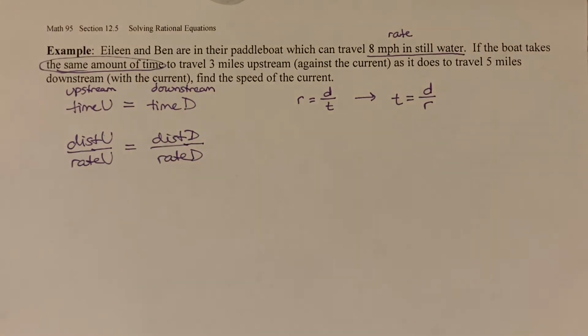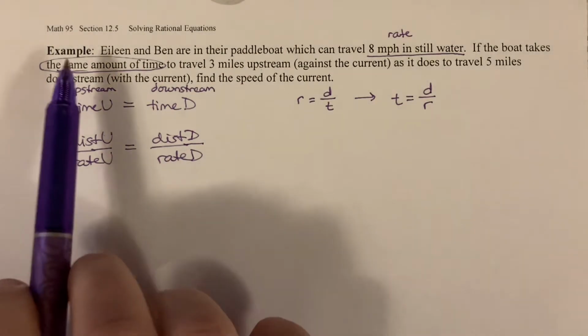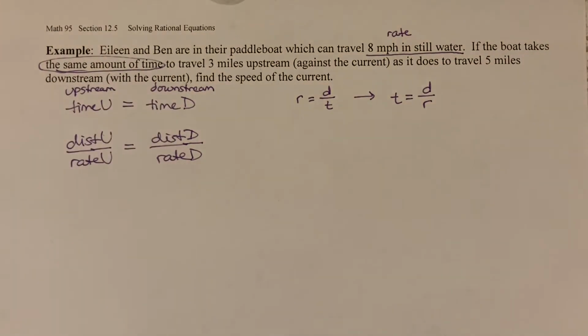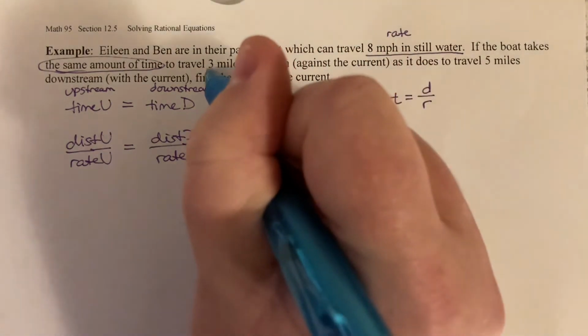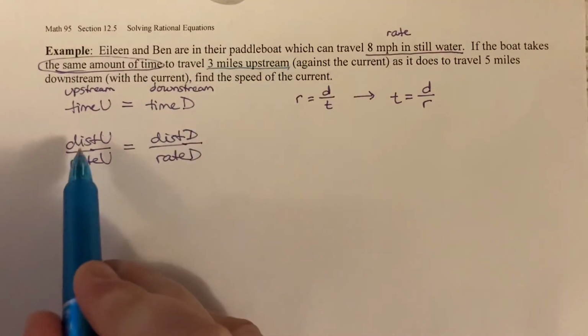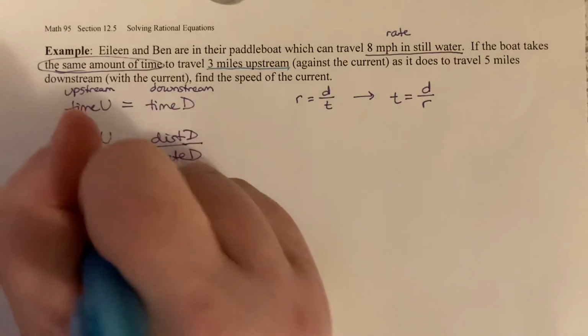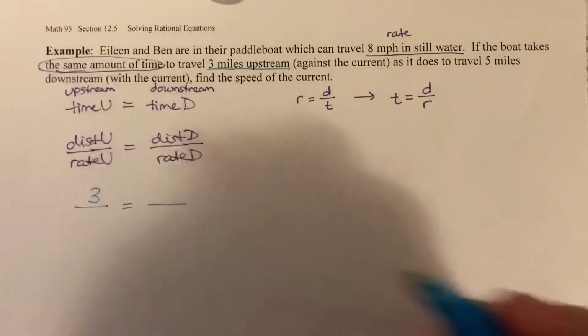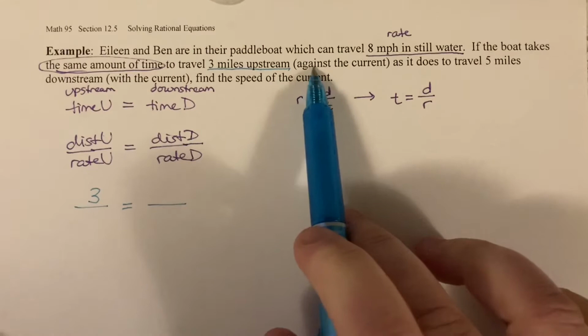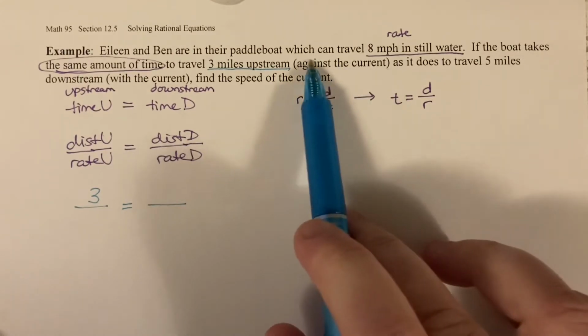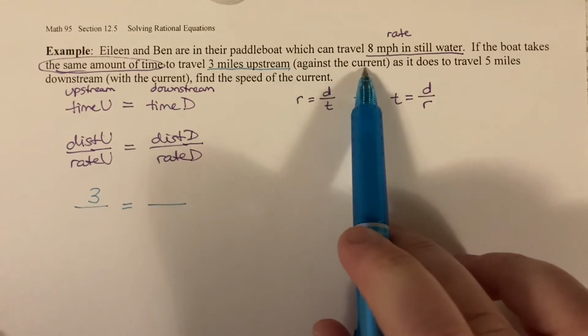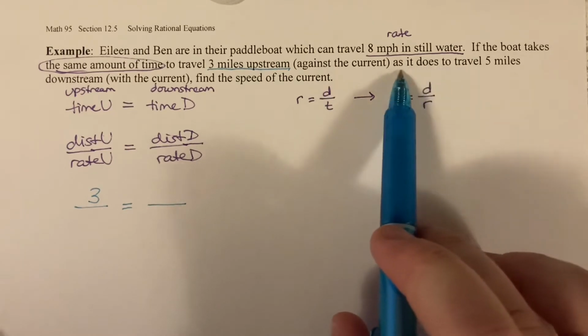And now we're ready to read the rest of the problem. I really was just focused on that same amount of time part. So then it tells us we travel 3 miles upstream. That sounds like a distance. 3. And that's against the current. That'll have to do with the speed, which we'll worry about after reading the rest.